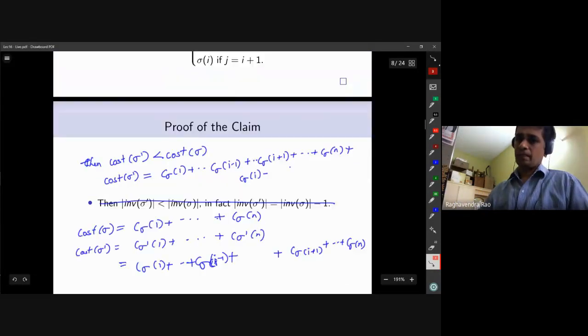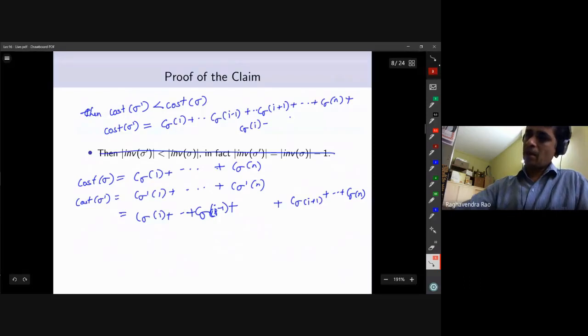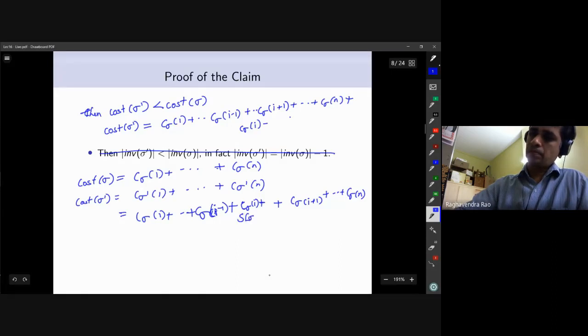So that is C sigma I plus S sigma I plus 1 minus S sigma I. This is it.